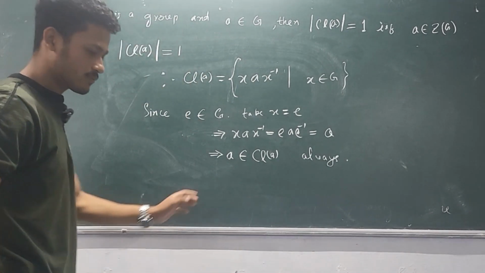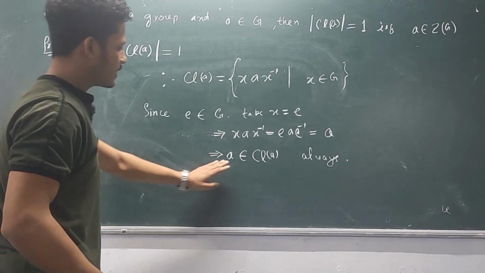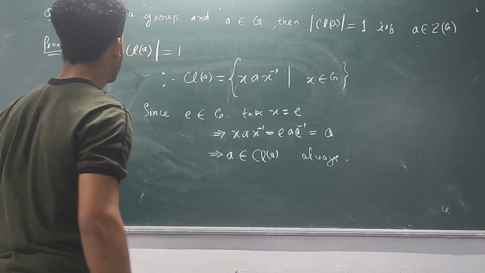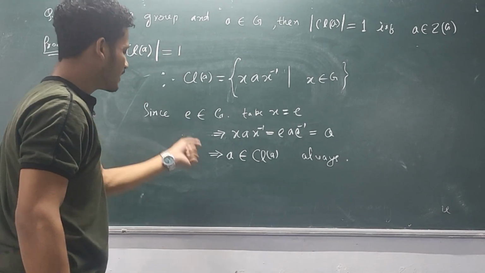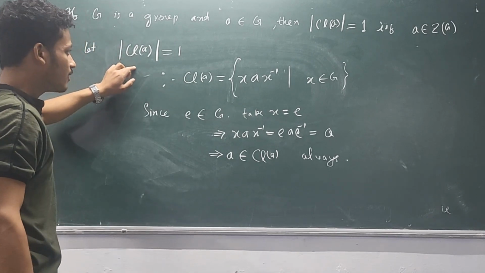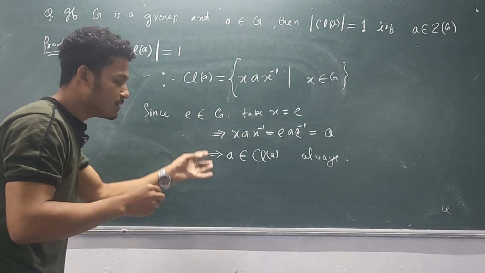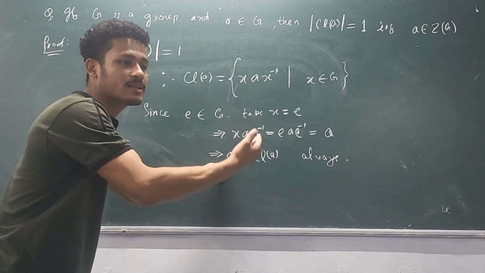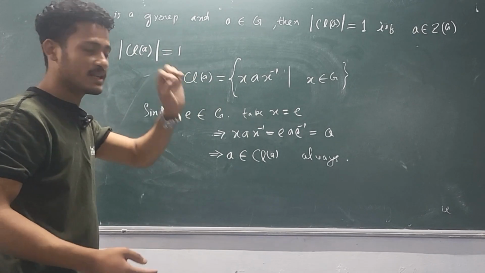That is another thing; sometimes you may have to prove this also. So A belongs to Cl(A) always, and the order of Cl(A) is equal to 1. That means the order of Cl(A) is one and the element A is always there. That means Cl(A) is a singleton set.